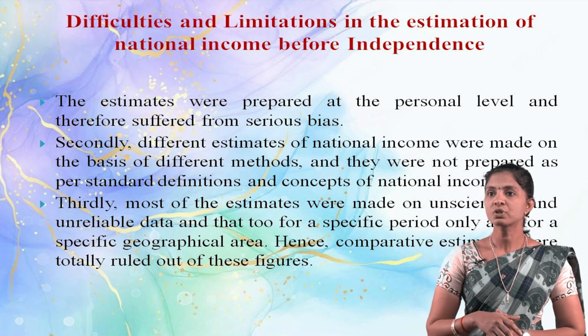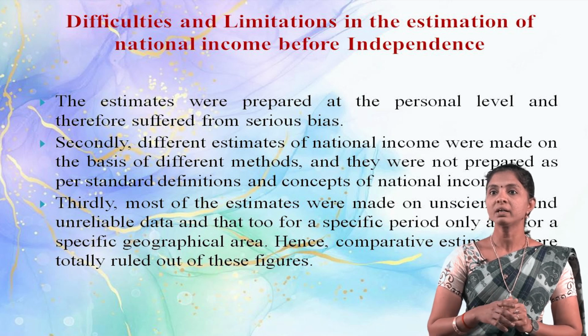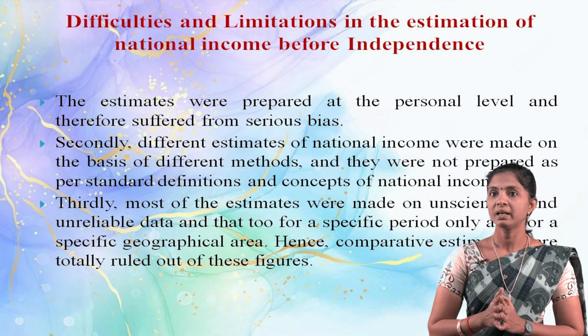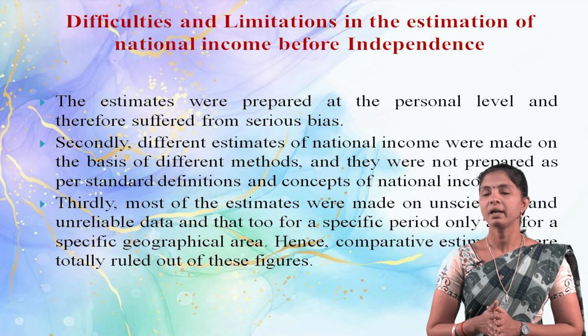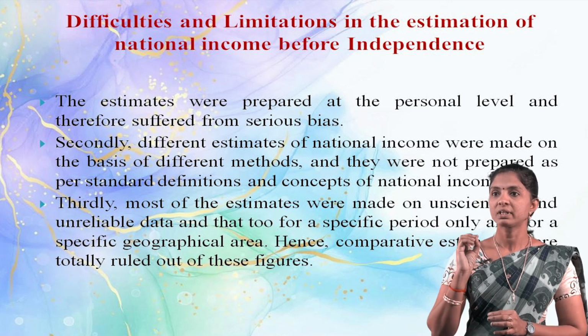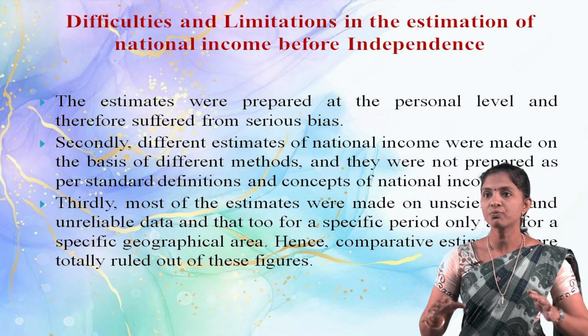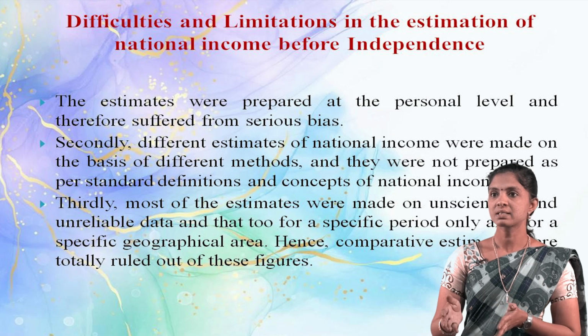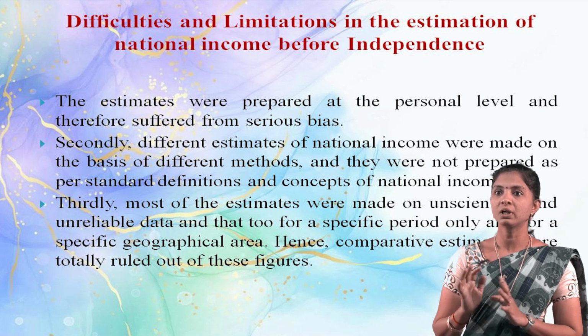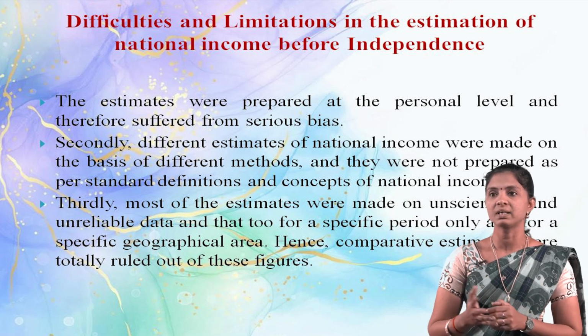Thirdly, most of the estimates were made on unscientific and unreliable data, and that too for a specific period only and for a specific geographical area only. Hence, comparative estimation was totally ruled out for these figures.